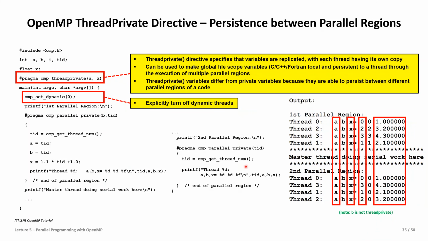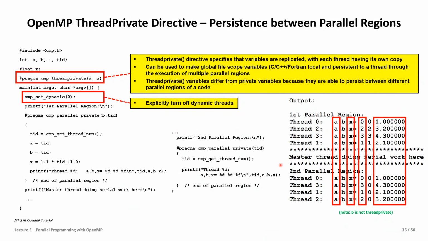And yeah, because we don't initialize A here, right? This is coming still from the idea that we initialized A here, and it was thread private. So this means that it was replicated and it was kept. So that's why we have values here for A, right?